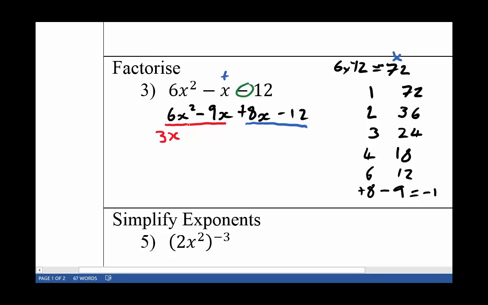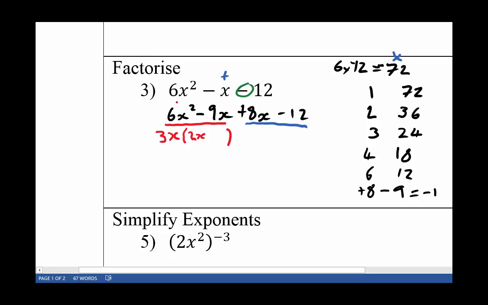So 3x is common to those two things, and now I can put some brackets, and I'm asking myself, 3x times what gives me 6x squared? 3x times what will give me 6? That'll be a 2, but if I just go 2 times 3x, that would give me 6x, and I still need that squared, so there must be an x in there as well.